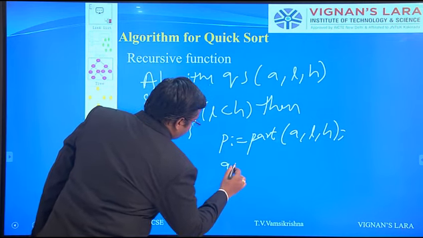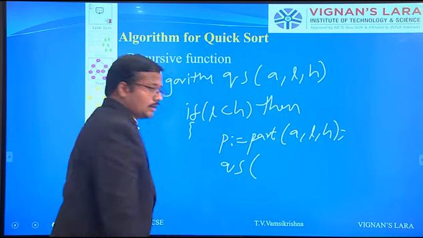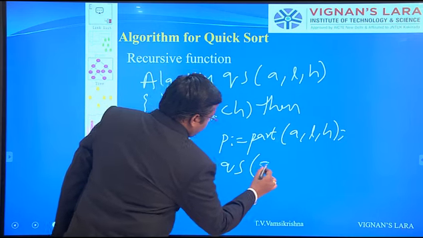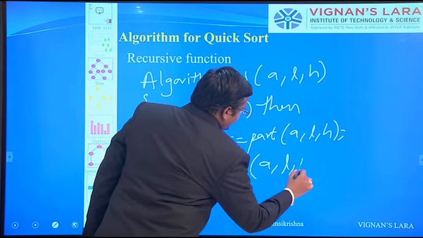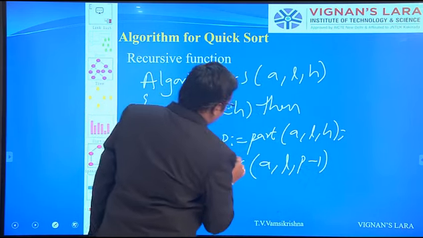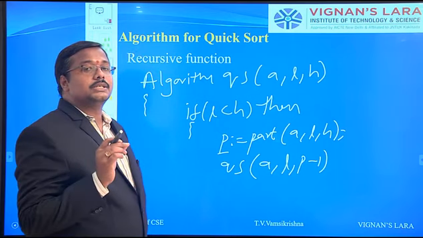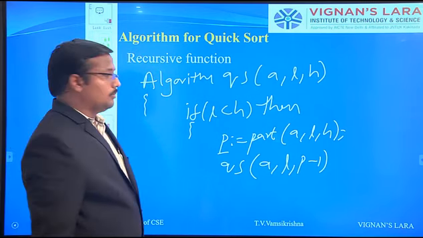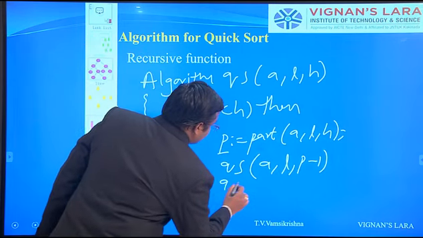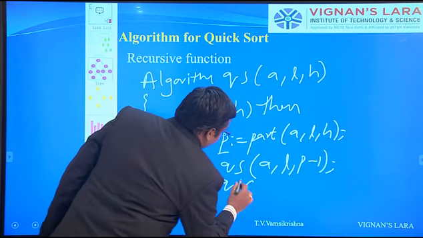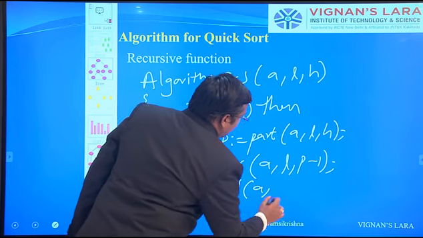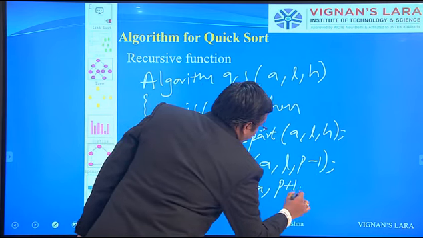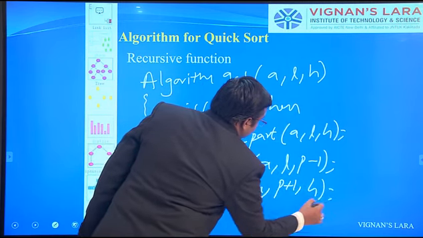Recursively we apply quicksort of A comma L comma P minus 1. P is the pivot position, which comes to its fixed position, so that's why P minus 1. The next is quicksort of A comma P plus 1 comma H.